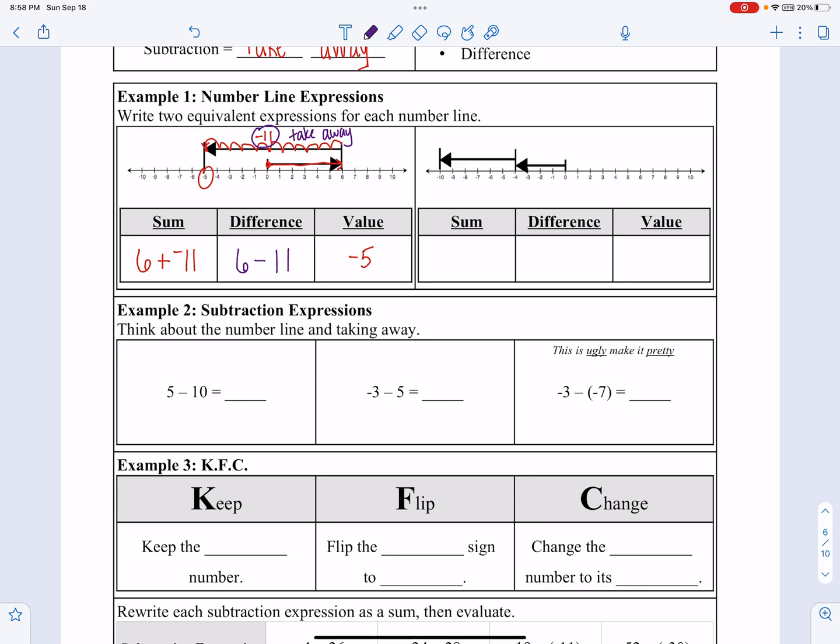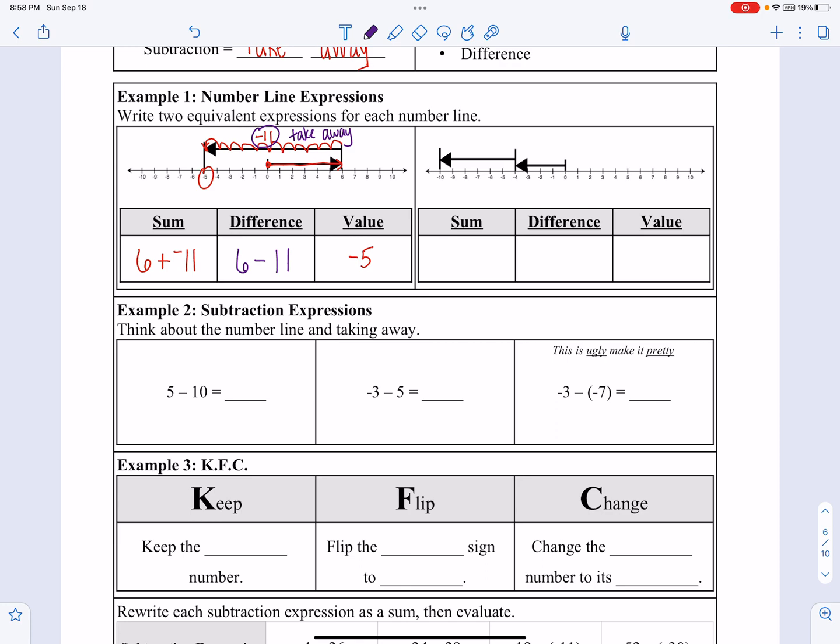And so that's what I want you to be able to see here: we have positive 6, and then we're also adding a negative 11, and you end up with this result. You could look at it the same way. I have a positive 6, and I have a negative 11, and the difference of those ends up being a negative 5. Okay. All right, so let's look at the next one next to it here.